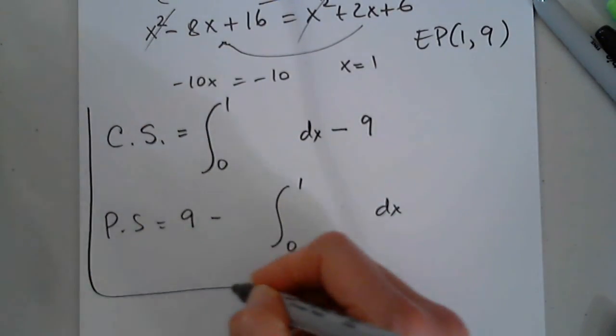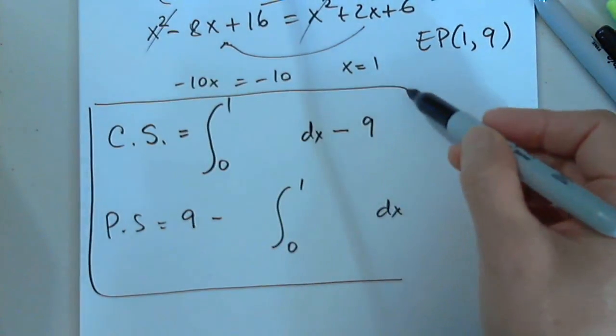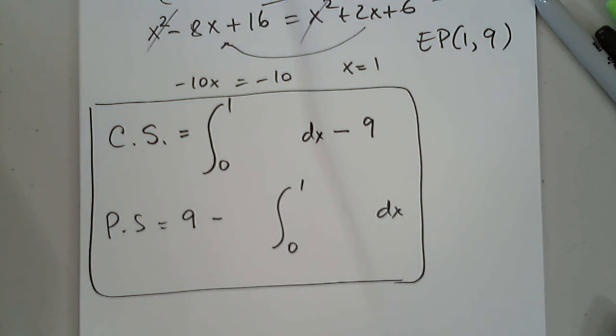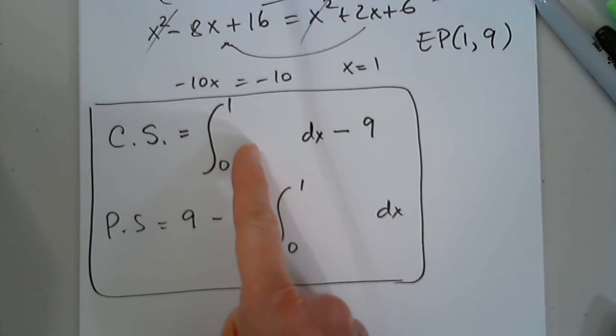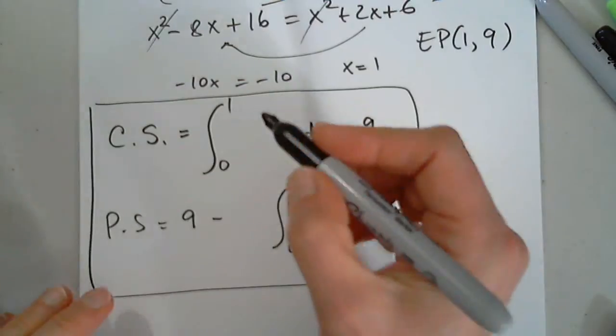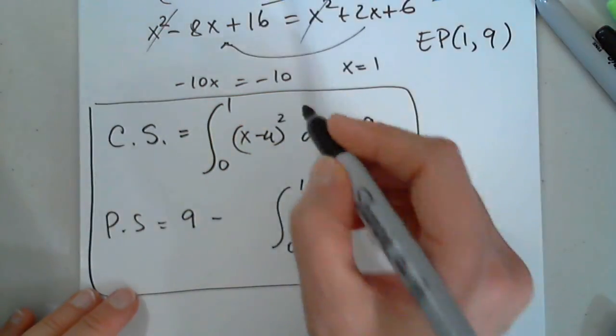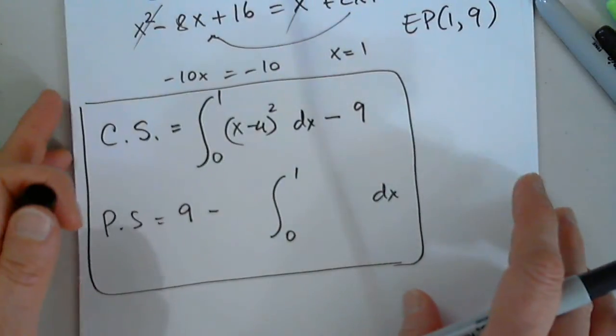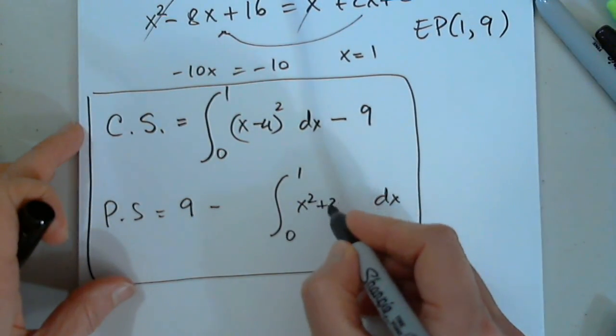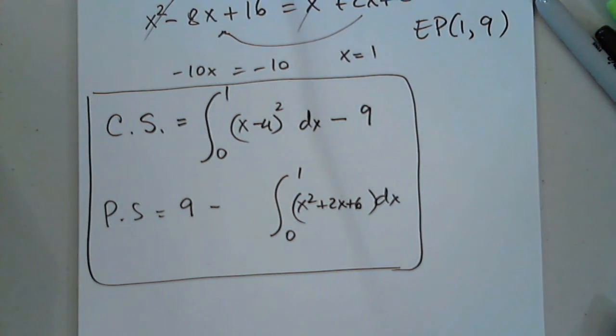So this is how you should remember them together. So this one is from d of x, x minus 4 squared, and this one is from s of x, which is x squared plus 2x plus 6. That's all it is to it.